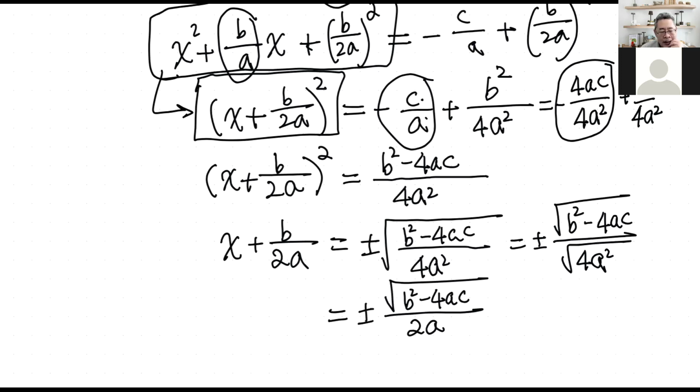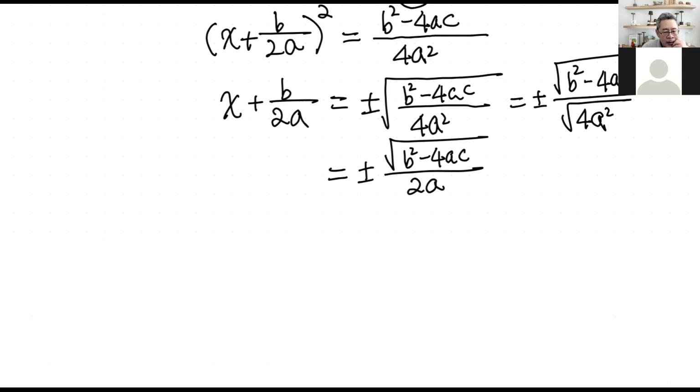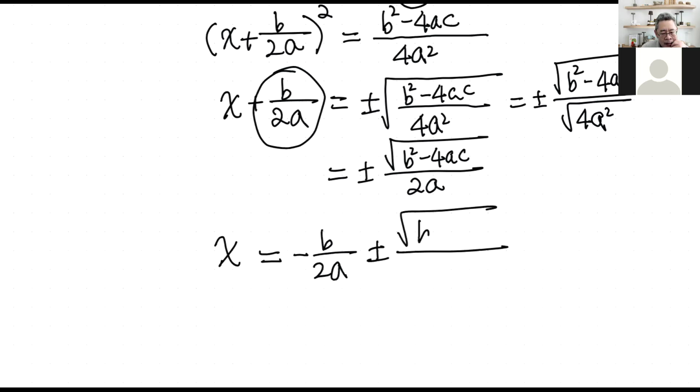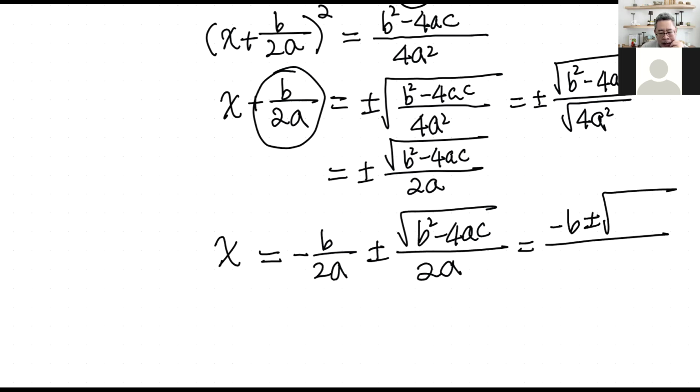Yep, I'm good. So now we're going to move this part over because we want to find x. So what we do is just minus that on both sides. So this side becomes negative b over 2a plus minus the square root of b squared minus 4ac over 2a. Then we just combine them. Then we got negative b plus minus the square root of b squared minus 4ac, over 2a.